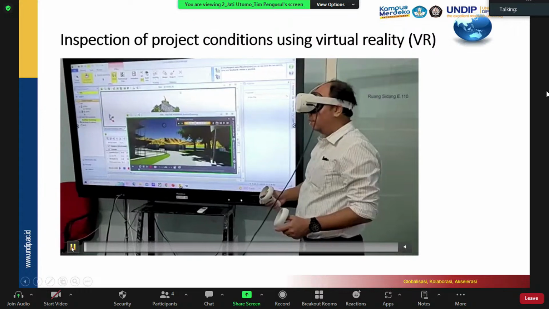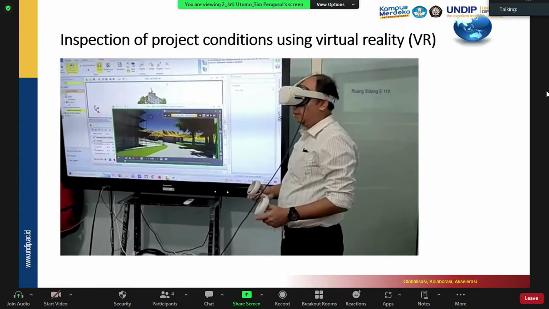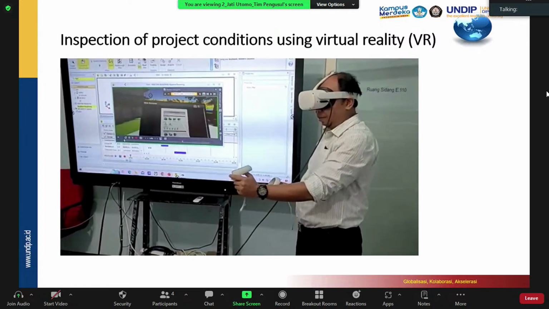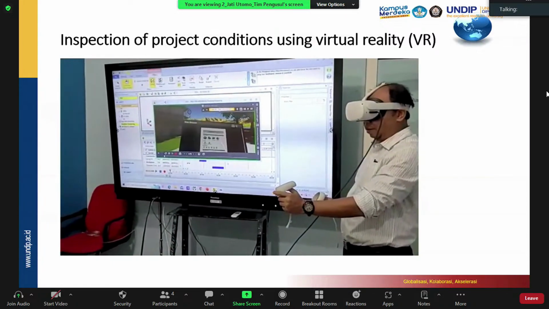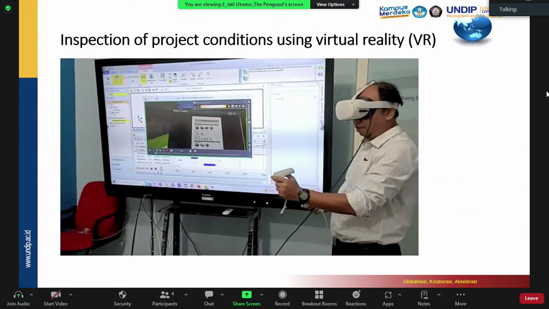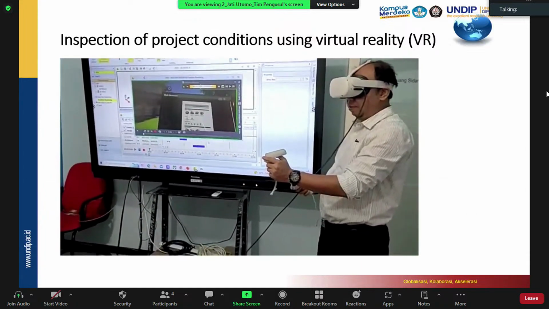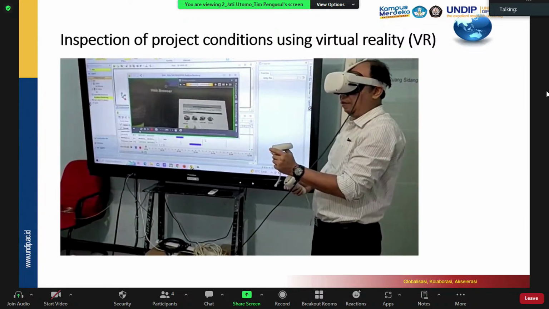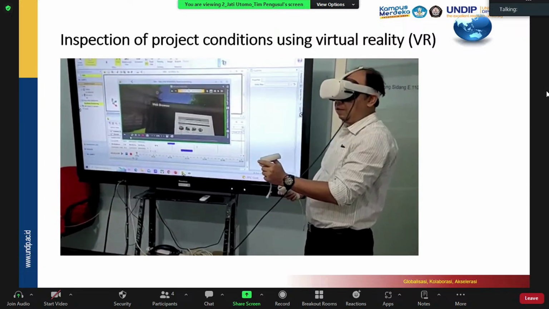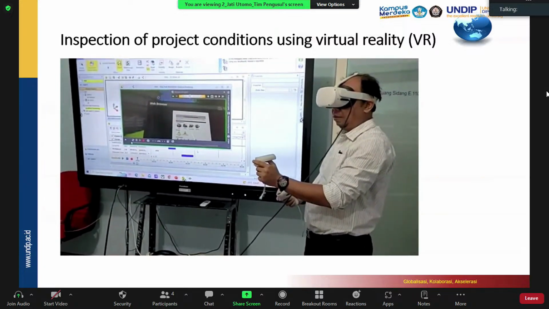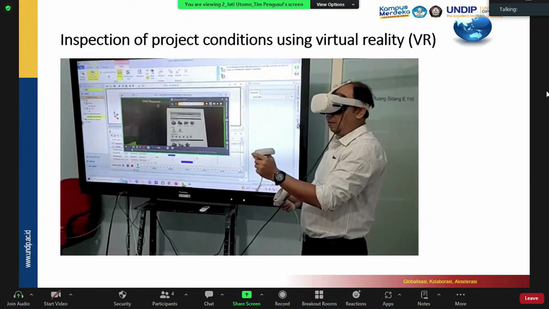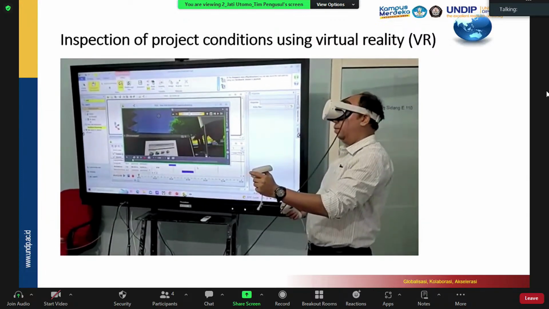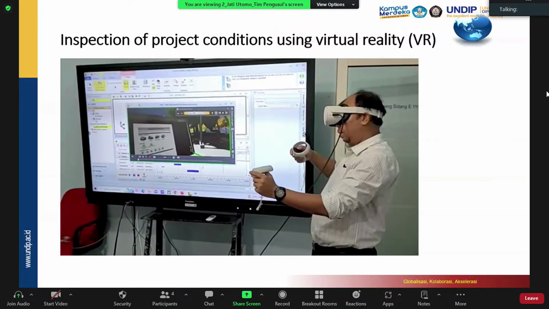Another video. This is a bit better. The idea is by having this 3D model, we can let students or maybe researchers immerse themselves in this virtual reality mode, and then they can learn.